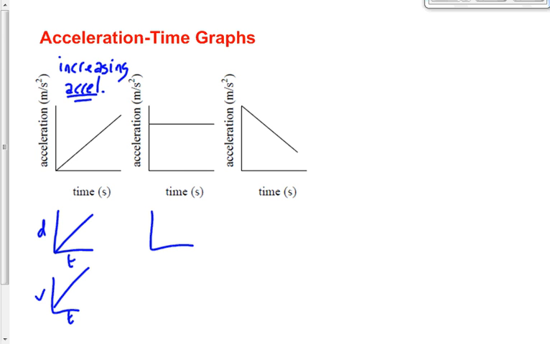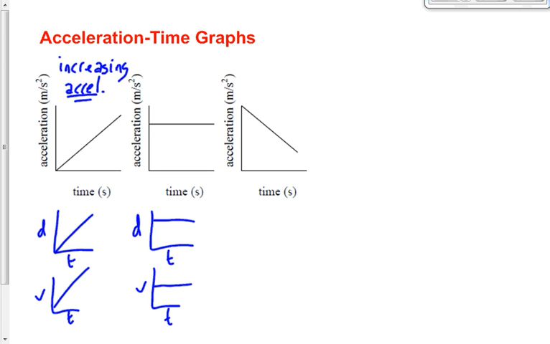Next one. If I had a position time graph that looked like that, what would it mean? Easiest question in the world. Position's not changing. What does that mean? You're stopped, right? The object is stopped. If I had a velocity time graph that looked like this, we would know that the velocity is what? Is constant. It's not changing.